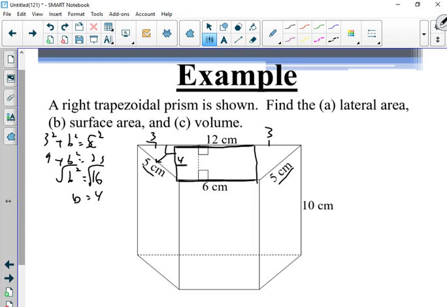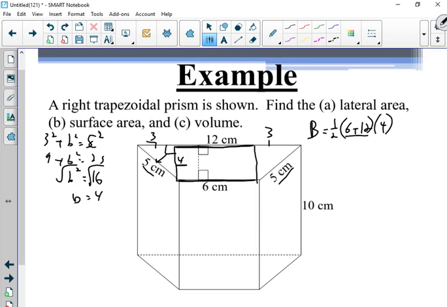Now, we need to do the area of the base. And remember, area of the base for a trapezoid is 1/2 the bases added together. That would be 6 plus 12 times the height, which we just found to be 4. So 6 plus 12 is 18.